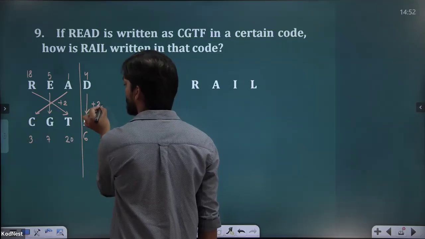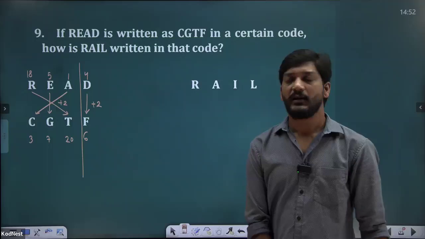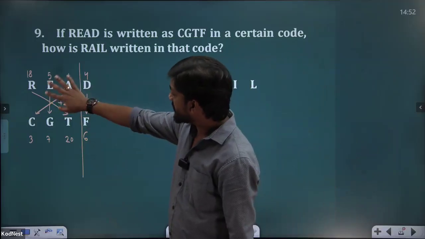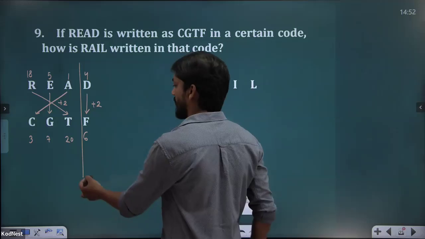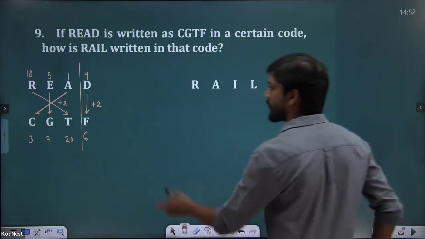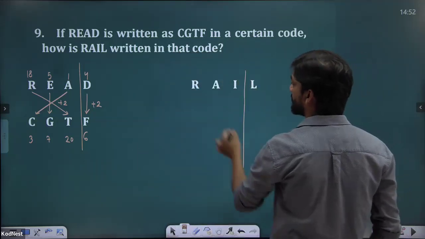And here also 4 plus 2, I will get 6. But where the code is written, that makes it a forward pattern. Everywhere it is plus 2, everywhere. So the same we have to apply here also.